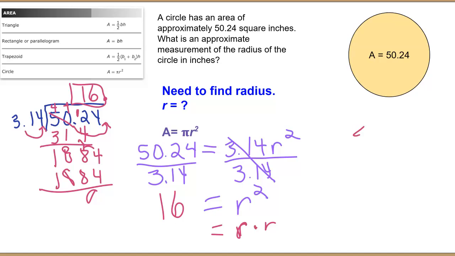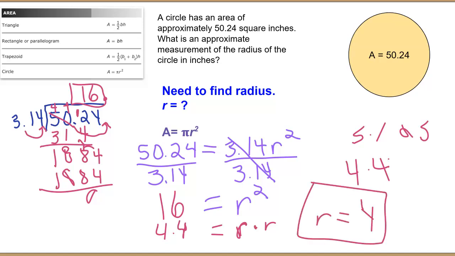Well, I know that 5 times 5 is too big, so let me try 4 times 4. I remember that 4 times 4 is equal to 16. So that means that r is equal to 4. And so we have found the radius, and that's an approximation.